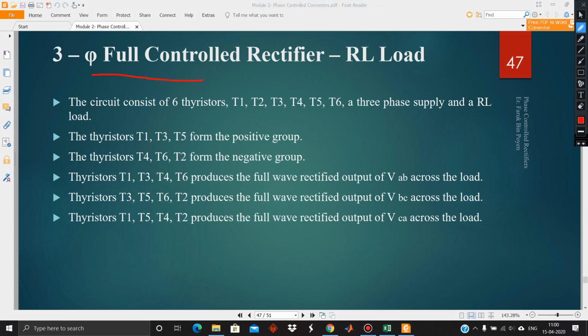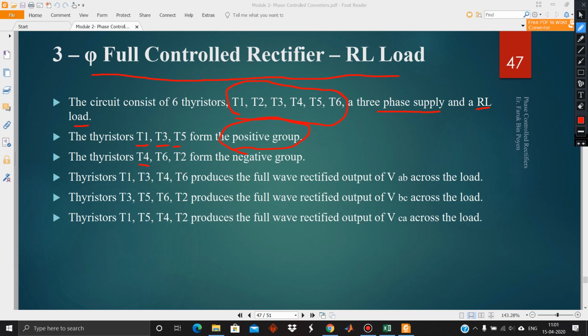So now comes the full control rectifier. Some data has to be studied before proceeding to the circuit and the waveforms. How many thyristors are there? There are 6 thyristors, T1, T2, T3, T4, T5 and T6. A 3-phase supply is there and an RL load is there. Out of these, the odd numbered thyristors, that means T1, T3, T5, form the positive group.